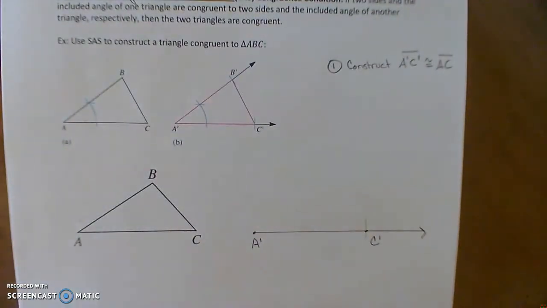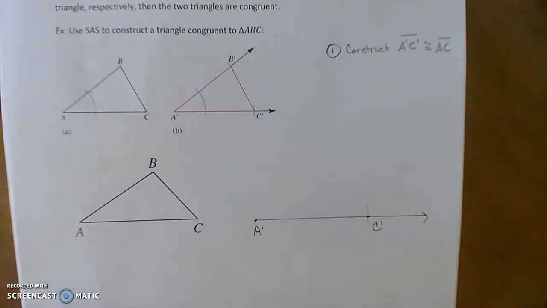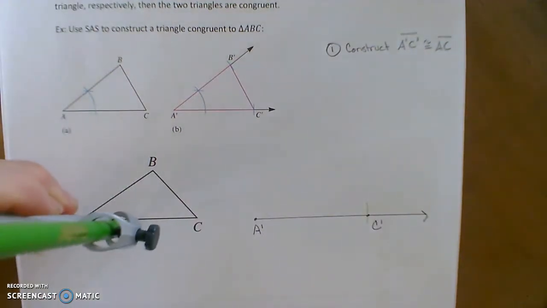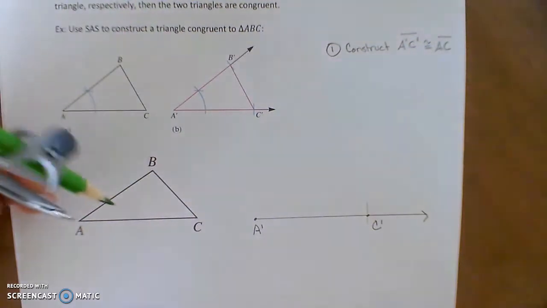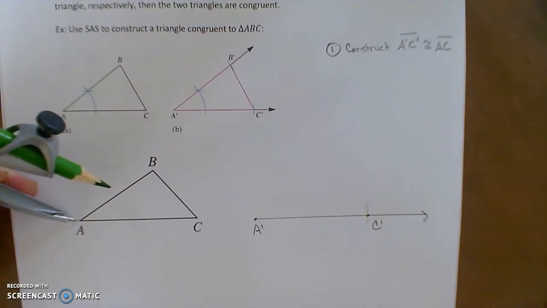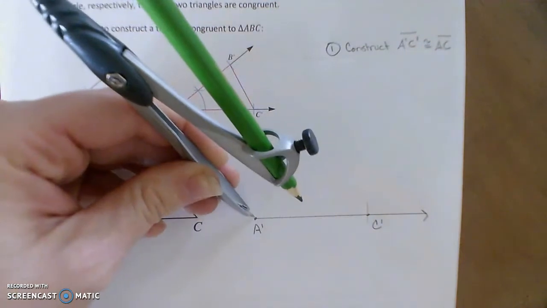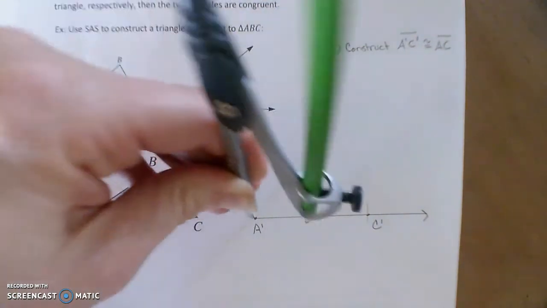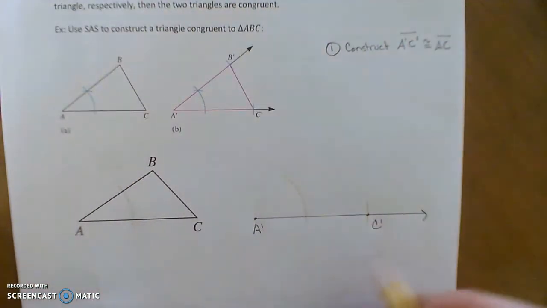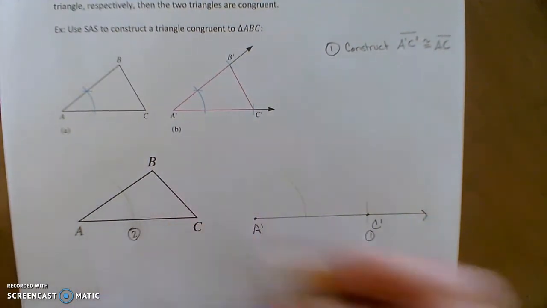The next thing that I'm going to do, just like we saw in the last construction, is copy this angle over. And the way that we do that is set our compass to any length, make an arc out of vertex A of that length, and copy that arc over starting from vertex A prime. Okay, so this one here was step one, and this here is step two.